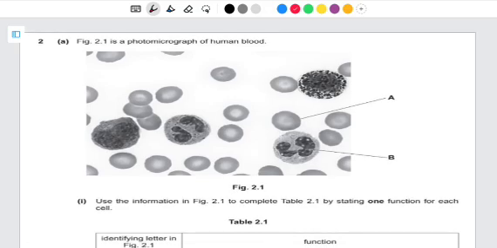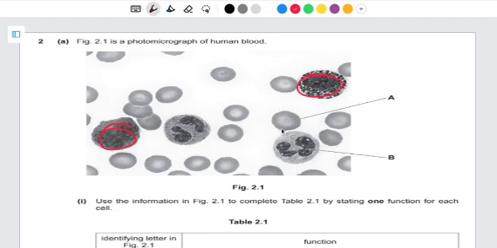So question 2 is saying figure 2.1 is a micrograph of human blood. So we have this, which is called the basophil. We also have this one here, which is called the eosinophil. We also have this part here, which is called the phagocyte.